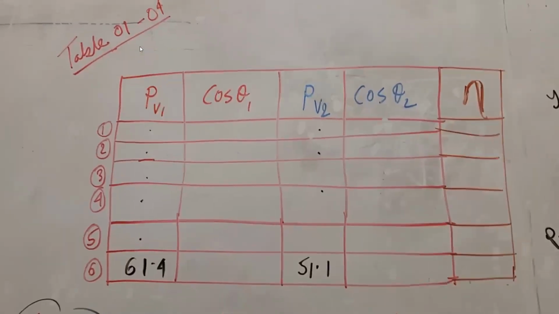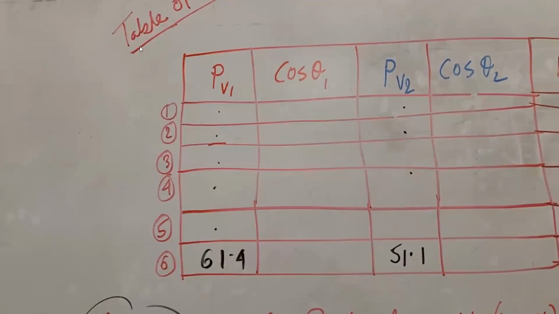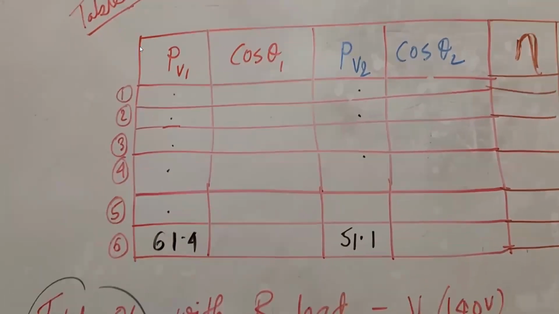So with all this information, the measurement values, you need to actually make a table like this. There will be 4 tables.